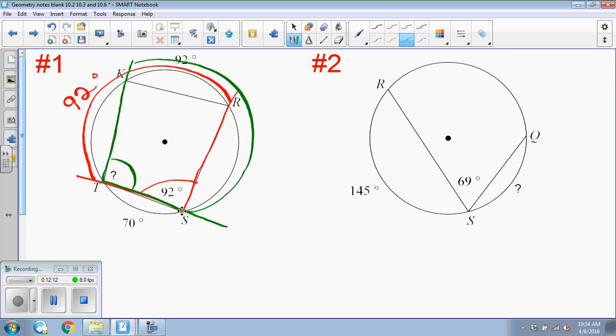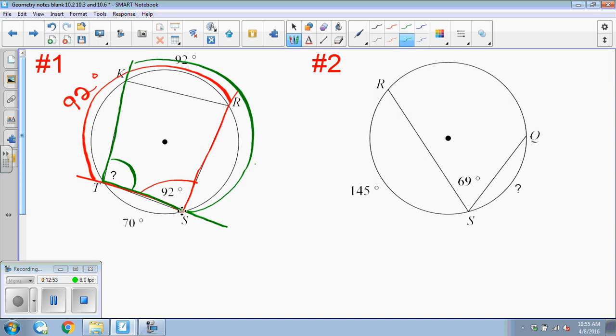We know that this plus this plus this plus this has to equal 360. So once we know what this is, we can add these 2 and divide by 2 to get that. Did I lose anybody? That's why I said it's kind of like a scavenger hunt. You have to use those angles to figure out what the arcs are, to figure out the missing pieces for the arcs.